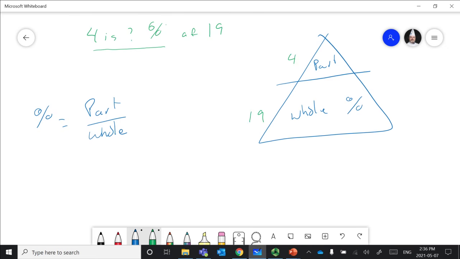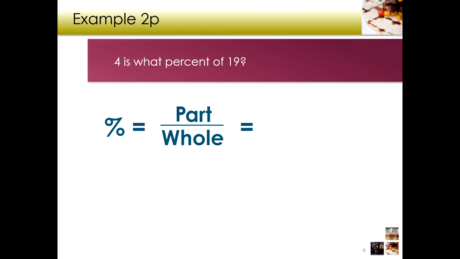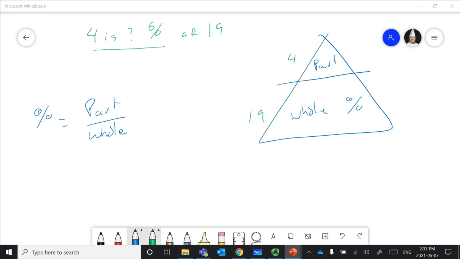So 4 divided by 19 is going to give us a decimal. So that decimal is going to give us 0.2105. To get to a percentage, now we need to multiply times 100 to get our 21.05%.